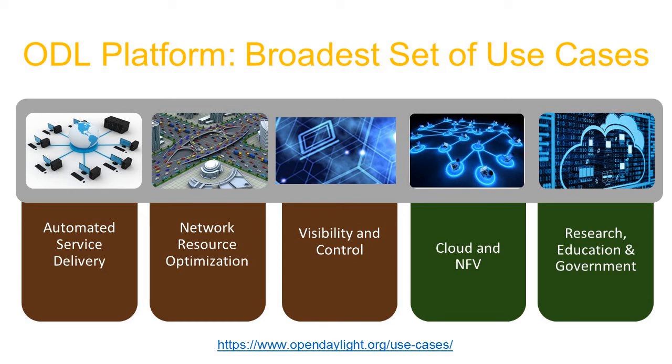The second one is network resource optimization. A user typically builds this in-house for themselves. If they have a networking problem which is causing them problems or costing them more than they would like, and they want the ability to more carefully optimize or more efficiently use their network resources, they can use OpenDaylight as a platform to do this.